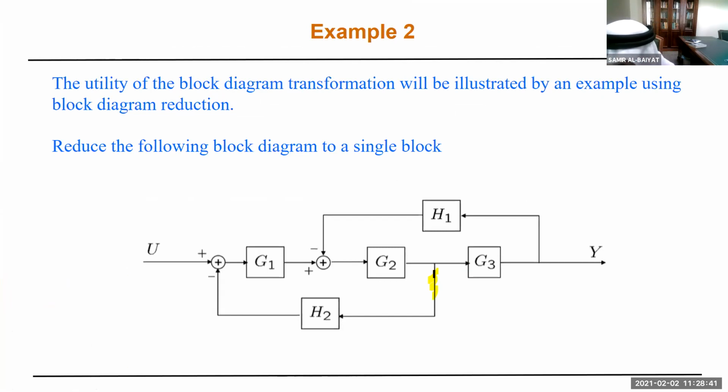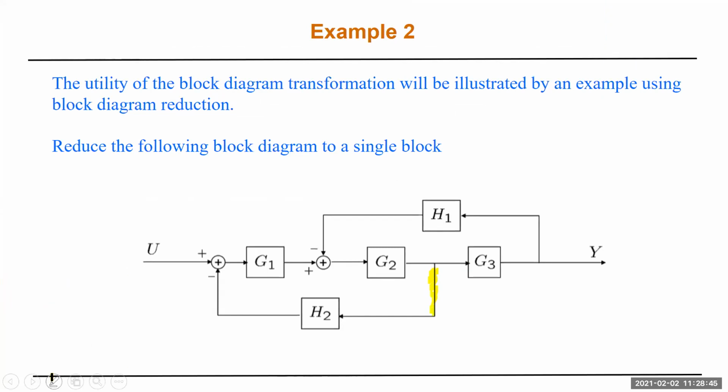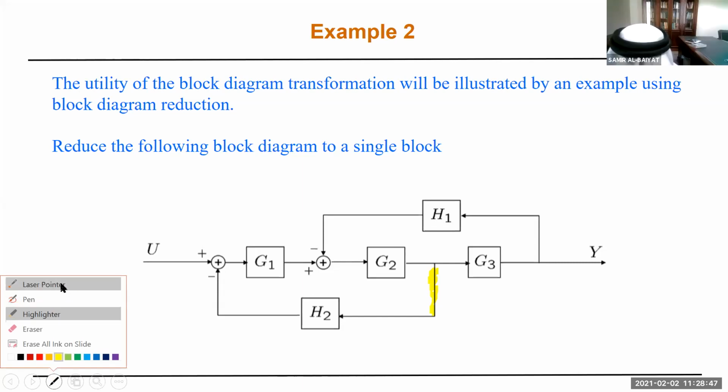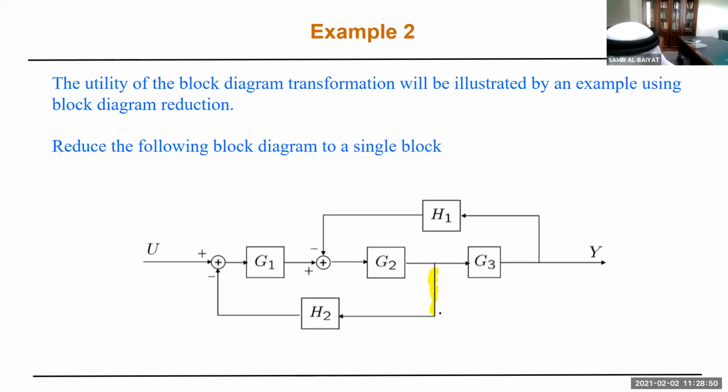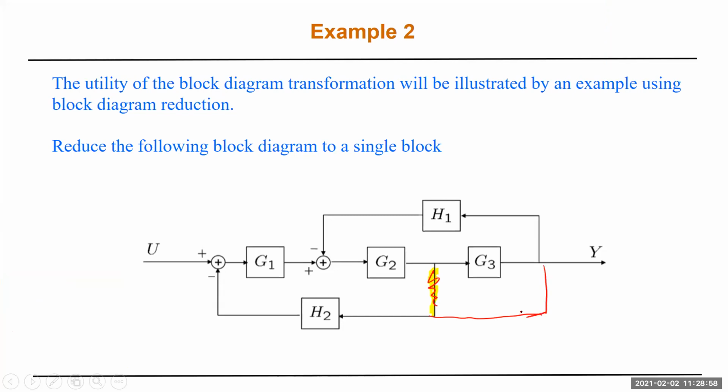Let me erase this one. You want to put it after G1? With my pen, let me eliminate this one and feed it from here. Take it from here. In that case, what do I have to do?